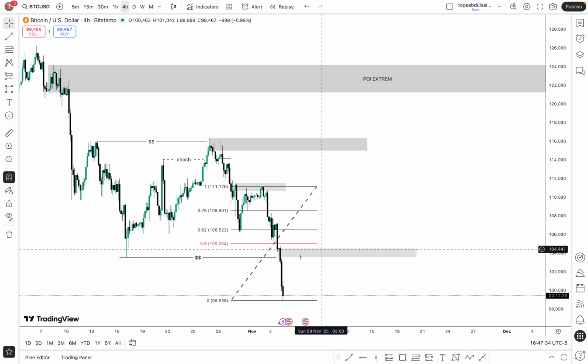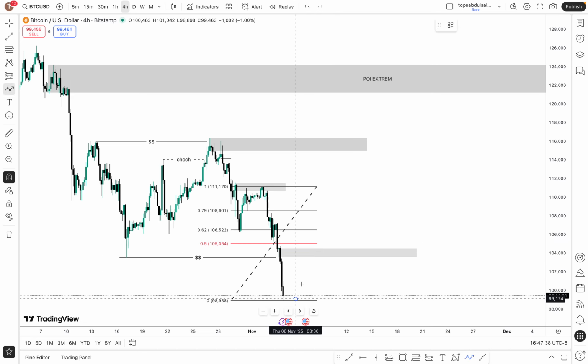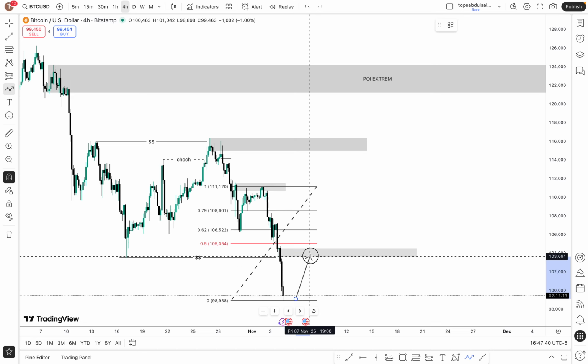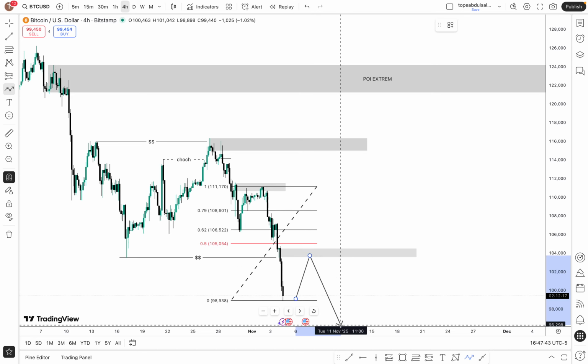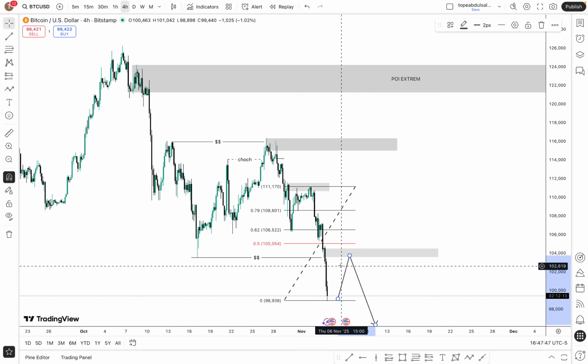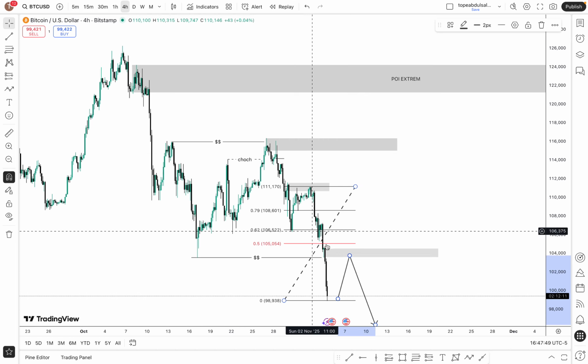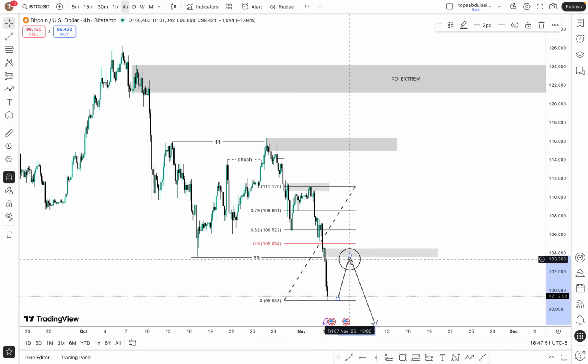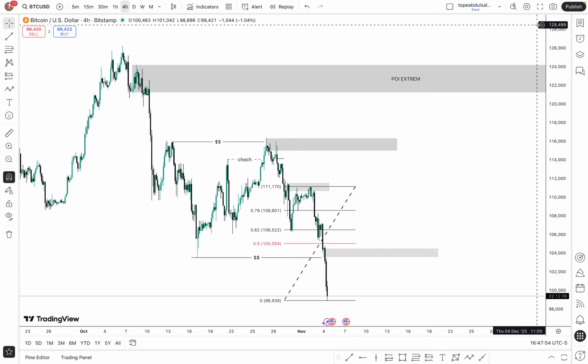I need price to come back into this area, tap me in, and continue going. So that's what I'll be looking for. This is the 4-hour time frame. So when price gets here, I'll go to the 15-minute time frame and just look for my entry on the lower time frame and keep riding.